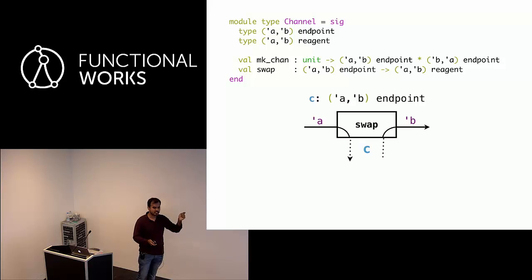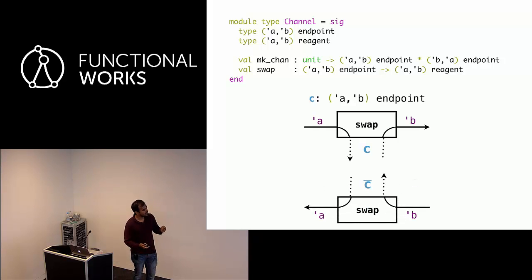When you do a swap on the channel, if you don't have a matching swap on the dual channel, your thread blocks, waiting for a match. And when you do have a matching swap, the value of type 'a is exchanged to the matching channel, and the value of type 'b is received from the matching channel.